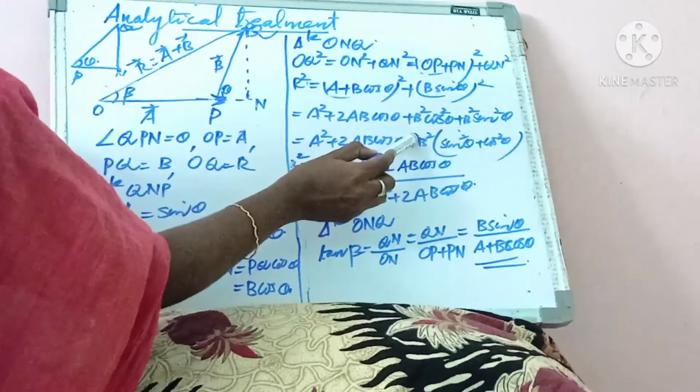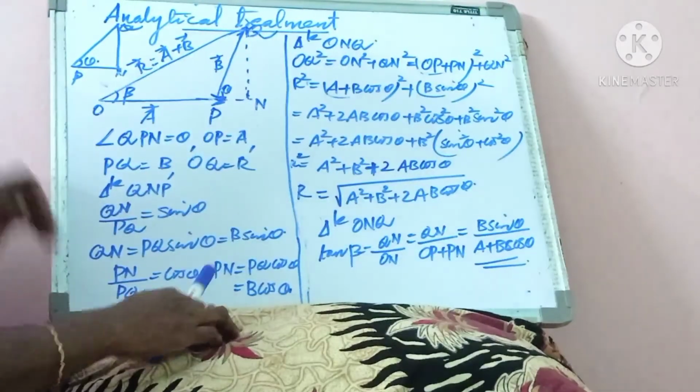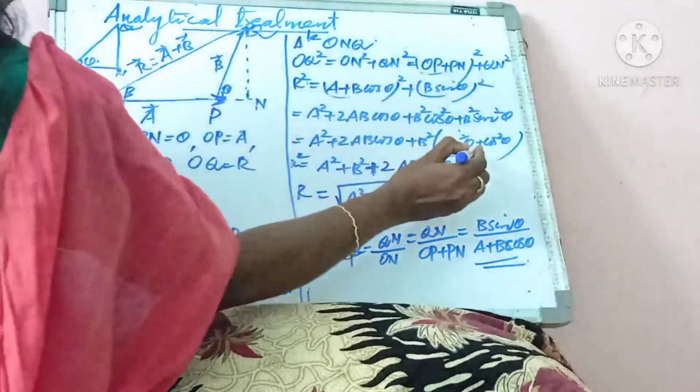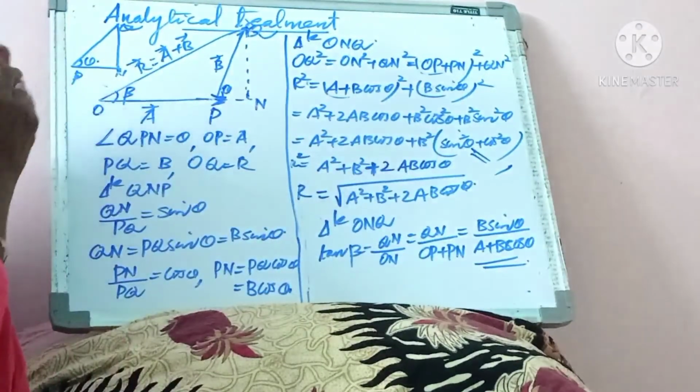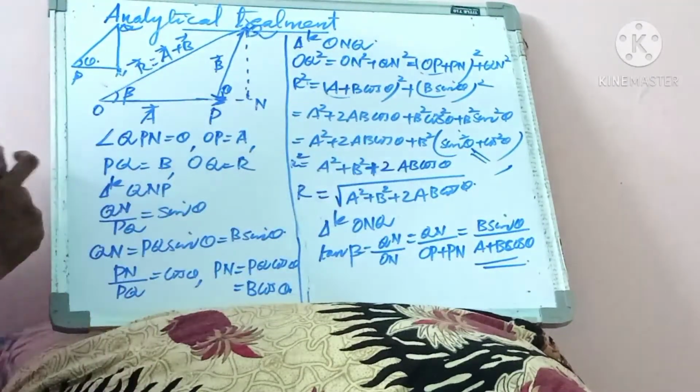Here B square is common, so B square into sin square theta plus cos square theta. Sin square theta plus cos square theta is 1. So the remaining terms are A square plus B square plus 2AB cos theta.